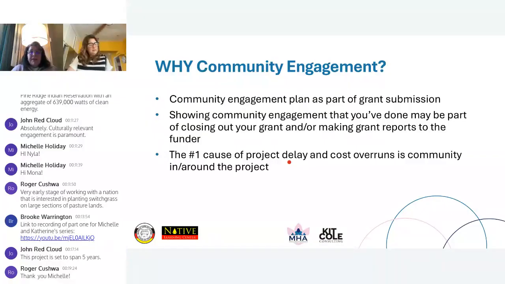And so a lot of times I think some tribes are at a phase of planning, right? Or the planning department or others are wanting to submit a grant. And so really now there are some requirements to grants that ask for a community engagement plan. How are you going to articulate what methods you are going to use to ensure that the community is aware of your project?